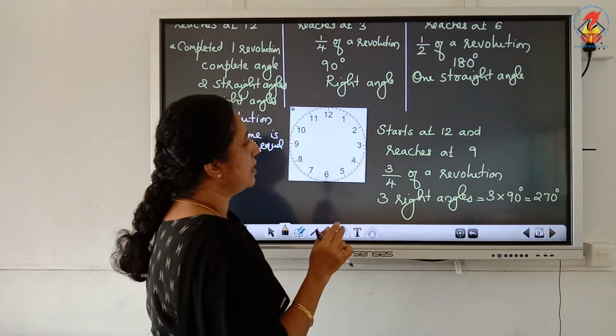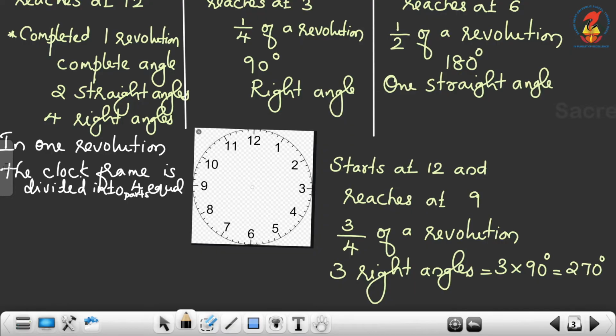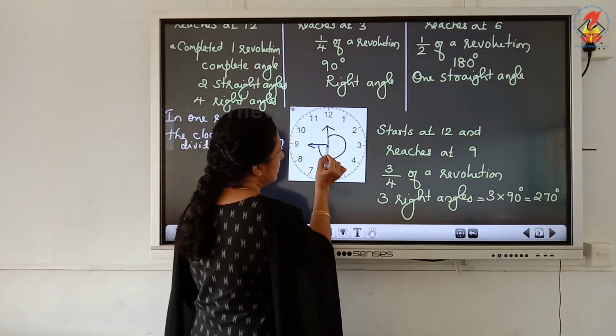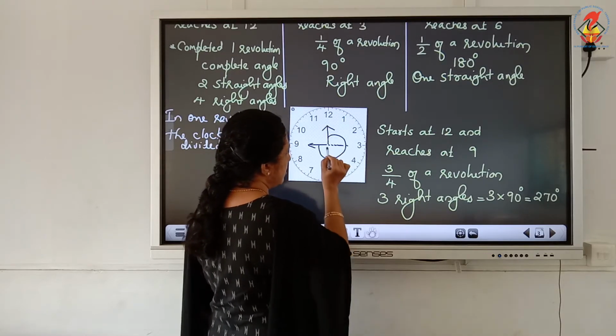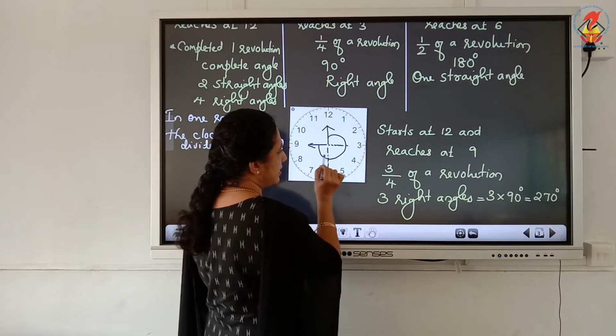Now suppose the hand of a clock starts at 12 and reaches 9. Now what is the angle turned there? Here you can see from 12 to 3 the angle turned is a right angle. From 3 to 6 the angle turned is a right angle.